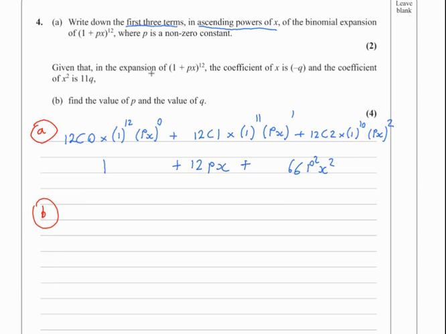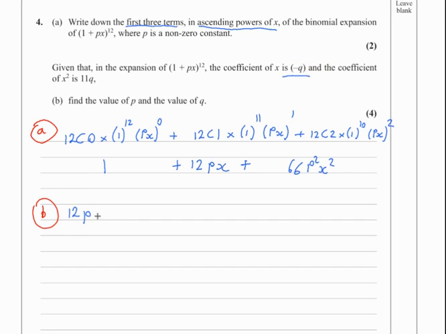Okay, next we have part B. And it says, given that in the expansion of (1 + px)^12, the coefficient of x is minus q, and the coefficient of x squared is 11q, find the value of p and the value of q. Well, in our expansion, the coefficient of x is 12p. And the stem of part B is saying that the coefficient of x is minus q.